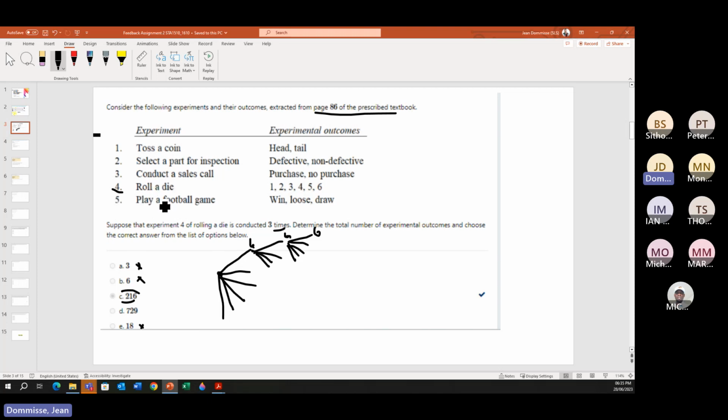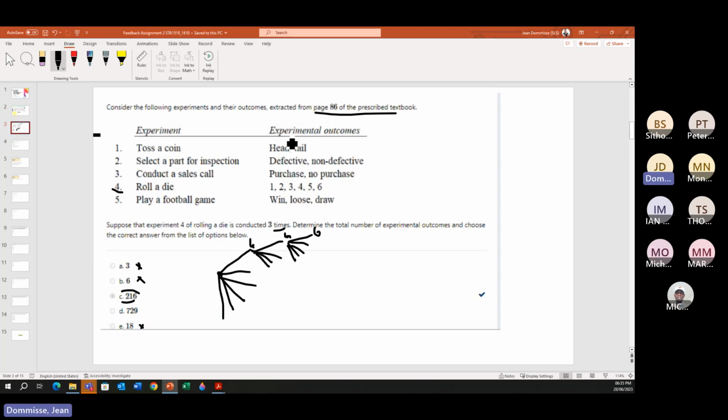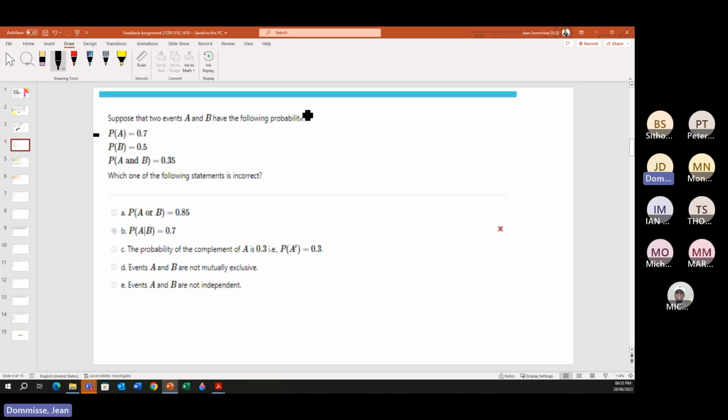It might have been that they would have just replaced it by saying experiment 5 is conducted 3 times, determine the answer or something like that. Okay, so they give you a lot of information, but it might just be because it is for another simulation of answers. Okay, so the first 2 was looking at probabilities, but more around if you understand how to work out the probability without bringing in too many other things.